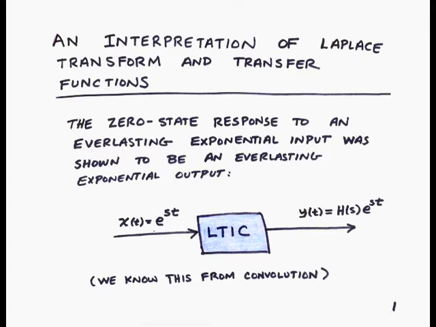So the output looks just like the input, it just has a different magnitude. Now, we showed this by convolution. It was a simple matter of plugging in x of t equals e to the st into the convolution expression, and we were able to arrive at this result.